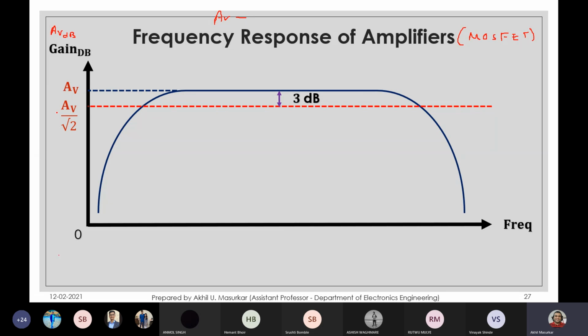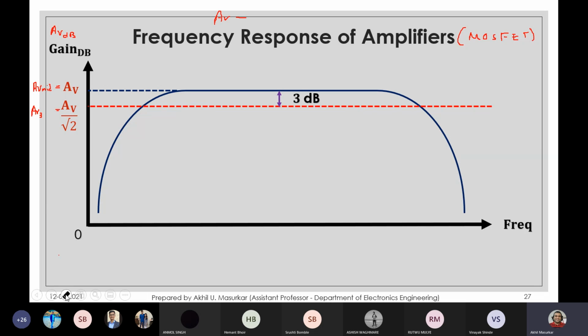Many times this AV by root 2 is also called AV 3 dB, and this AV is also called AV mid. So that is the mid band voltage gain, and this is AV 3 dB, the voltage gain which is 3 dBs below the maximum gain. That is how we show that.